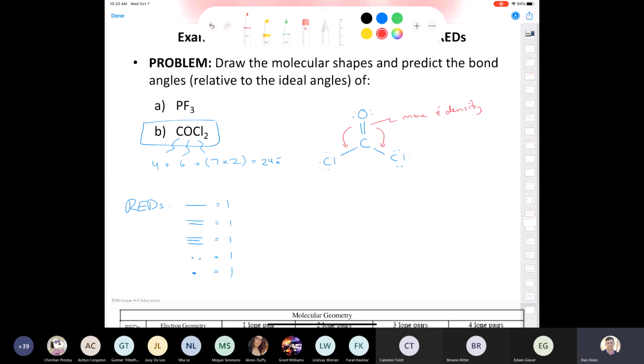They're just showing the bonds to the chlorines are going to be pushed together a little bit, okay? They're going to be pushed down like this. And so this bond angle is going to be less than 120 degrees. If that bond angle is less than 120 degrees, hopefully you can do the mental math to figure out that these 2 bond angles are going to be greater than 120 degrees, right? This is going to be greater than 120 degrees like that.